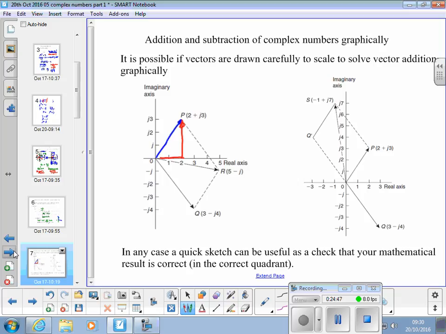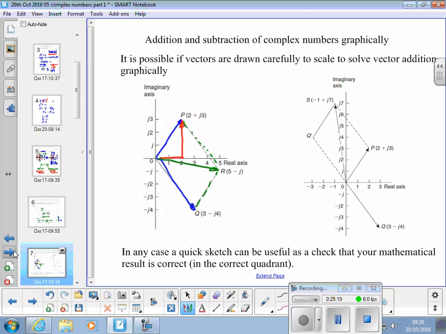Then we've got 3 minus 4J down here, so we've gone across 3 to the right and down 4, and then we create a parallelogram out of those vectors like so, and the resultant addition of those two vectors can be measured off on the axis, minus J and plus 5.